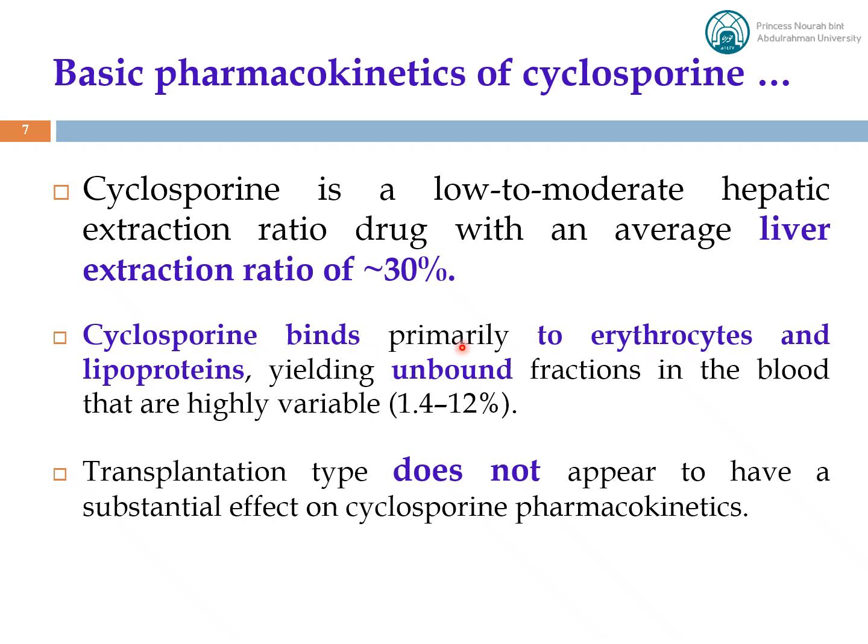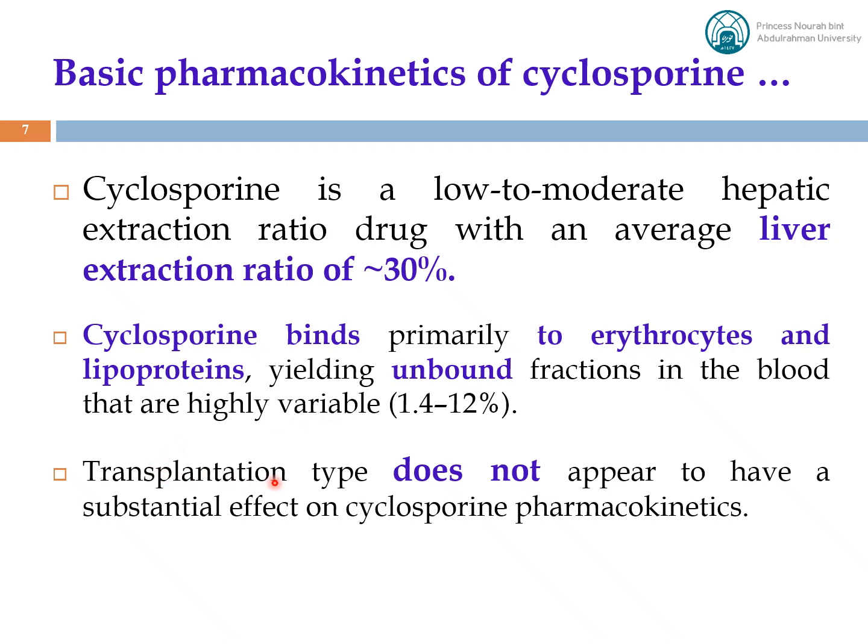It does have high protein binding, yielding unbound fractions, free fractions in the blood, that are highly variable between 1.4 to 12%, which is a wide range of variability for the free unbound drug in the blood.